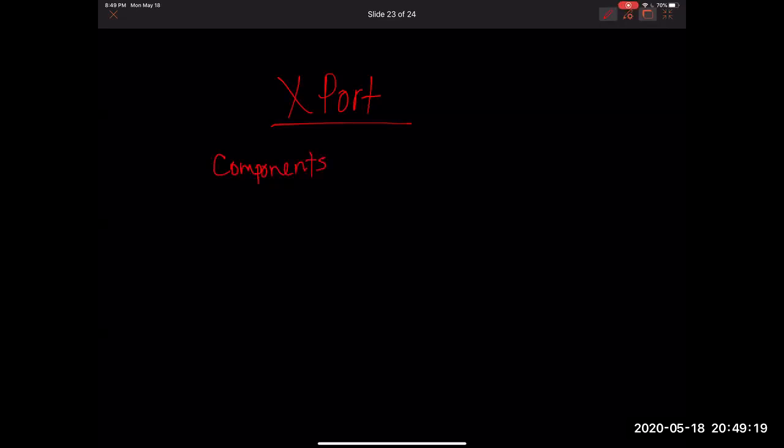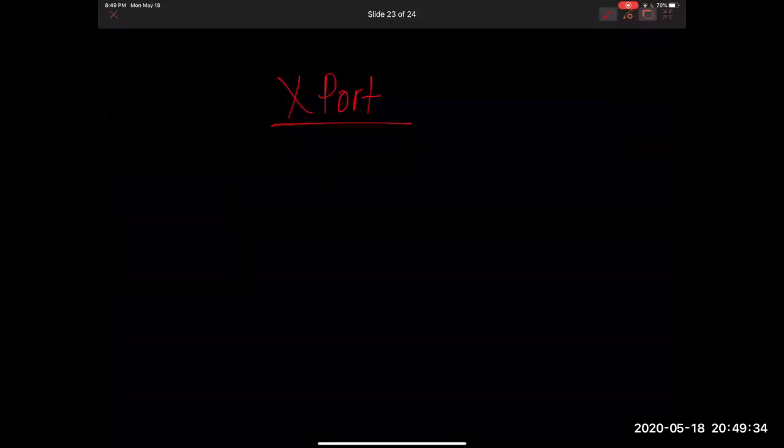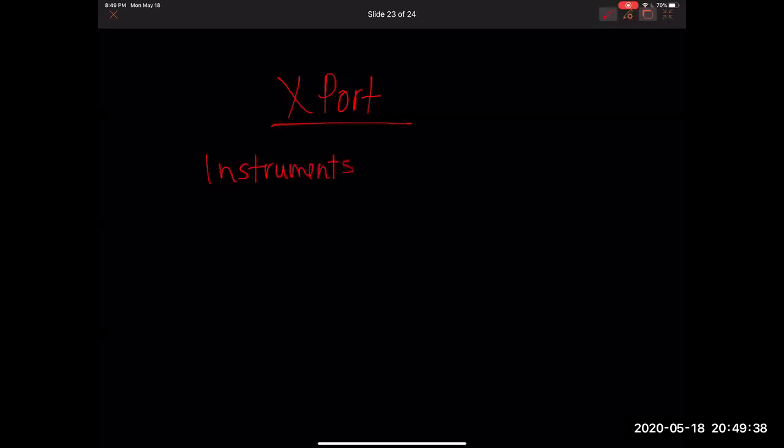They have the components division, and they have the instrument division. Sorry guys, I'm going to erase this really quick because I want it to line up beautifully. So you have the instrument division, and then you have the components division.